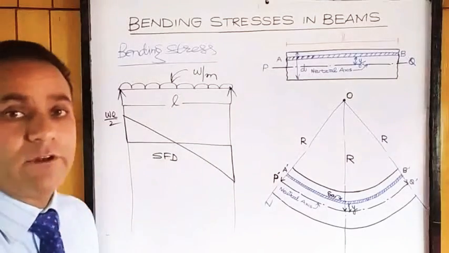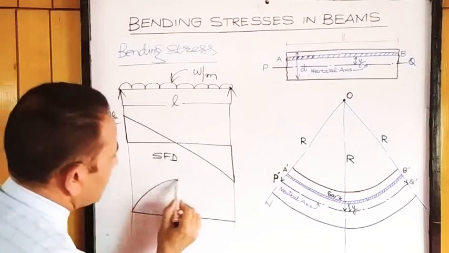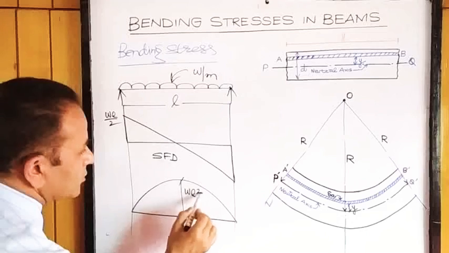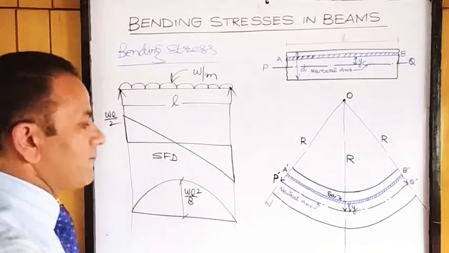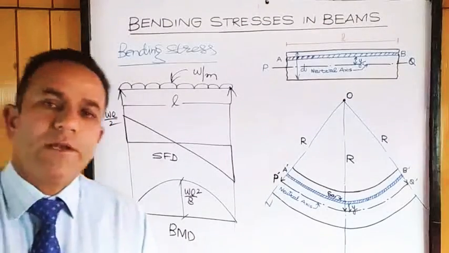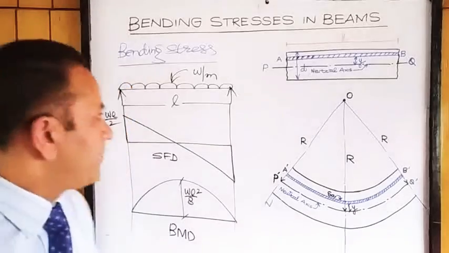One more effect will be the bending effect. This load will produce bending moment also, with a maximum value of WL square by 8 here. This will be the bending moment diagram which will create a tendency of bending. It will try to bend the beam.